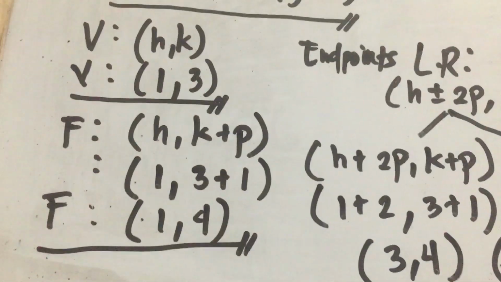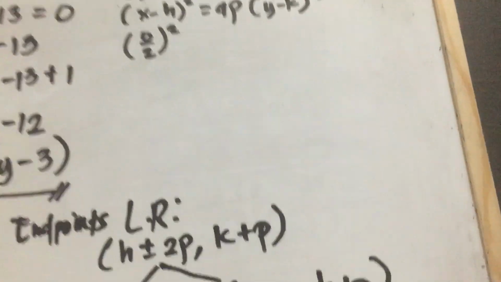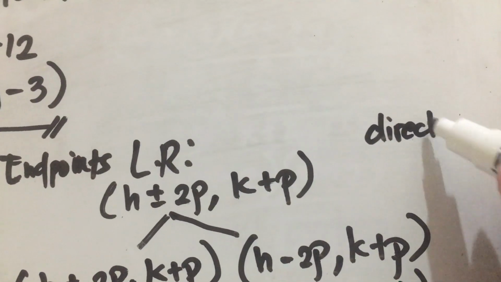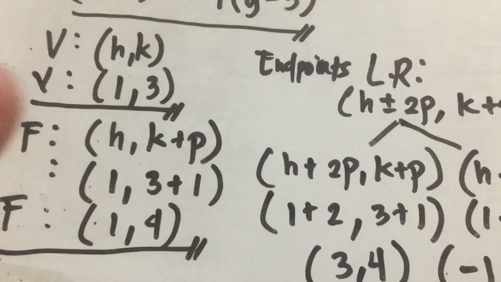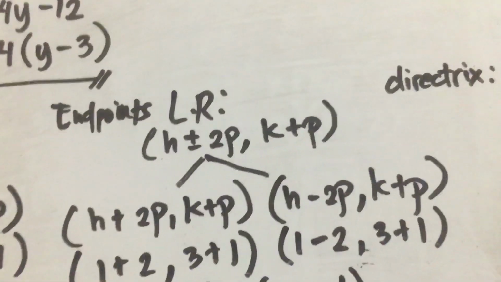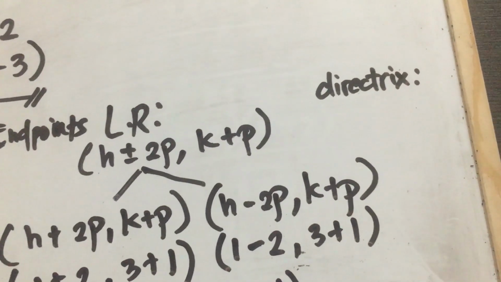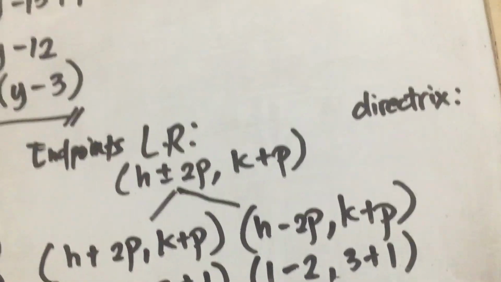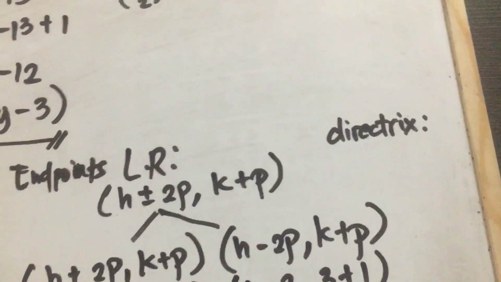So we have the vertex, the focus, the endpoints of the latus rectum, and we also need to find the directrix. So these are the things that we need to find: the vertex, the focus, the endpoints of the latus rectum, and the directrix. In order for us to find the directrix, since its standard form is x minus h squared, the opposite of that is the directrix.